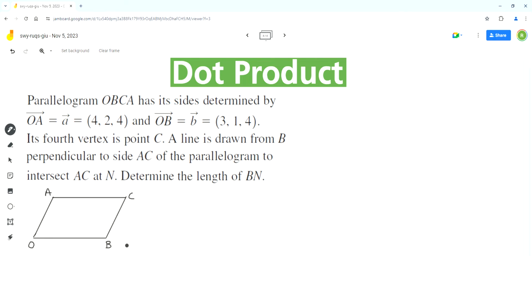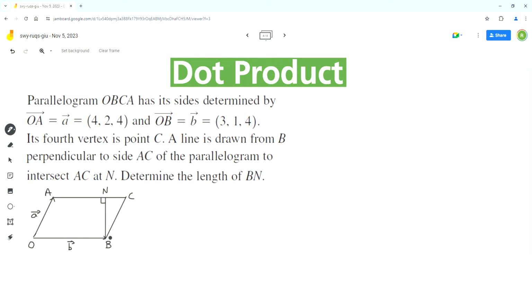So vector OB is vector B, vector OA is vector A, and a line is drawn from point B perpendicular to side AC. So that line can be shown like this. And we have to find the length of BN, and N is this one. So we have to find the length of line segment BN.